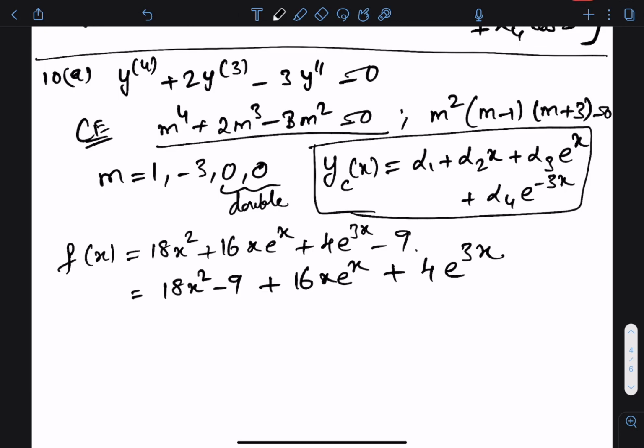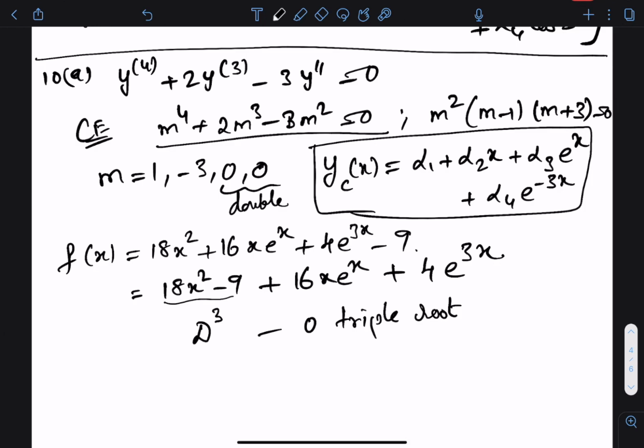18x square minus 9 is a polynomial of degree 2, so D cube will kill this, which means 0 is a triple root. If you multiply the original ODE with this third order differential operator, that will kill this term.